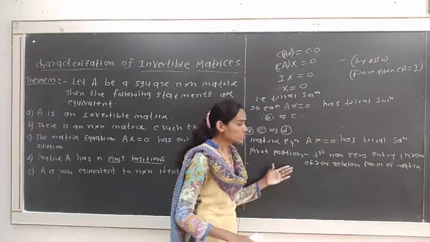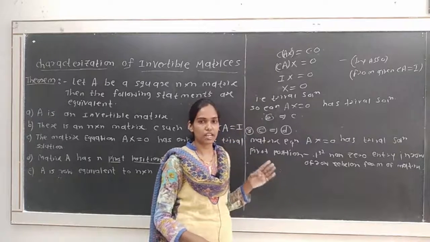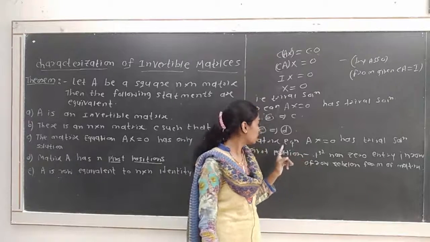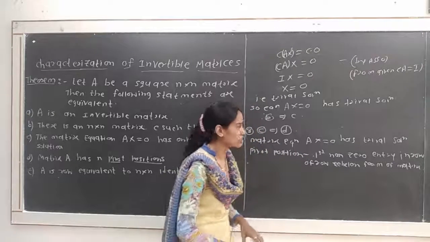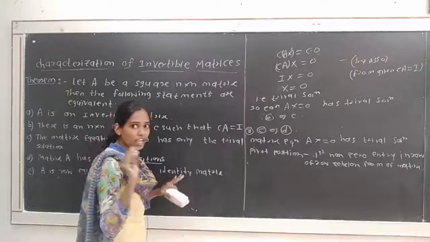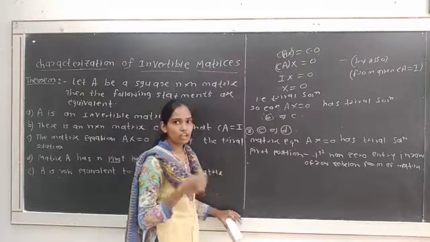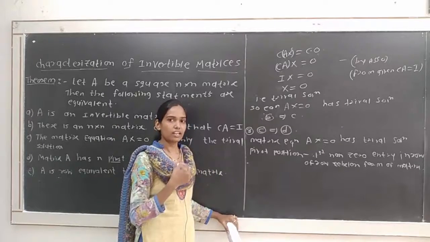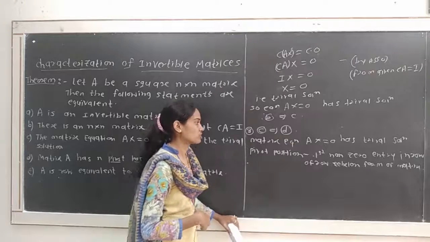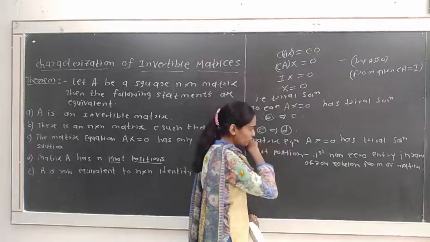That is, if we convert the given matrix to row echelon form, in each row the first non-zero entry is the pivot position. So here we want to prove that the matrix A has n pivot positions. That means each row is a non-zero row, and all the non-zero rows contain the n pivot positions.